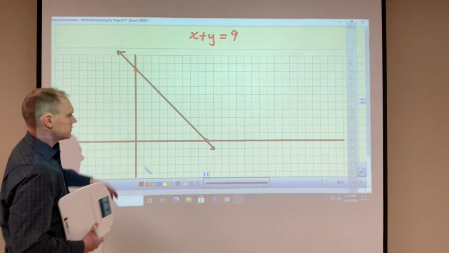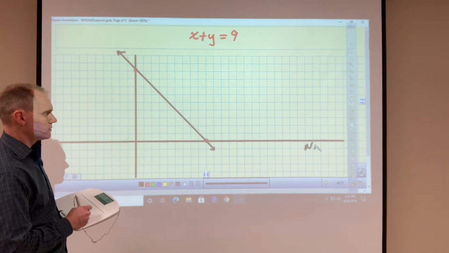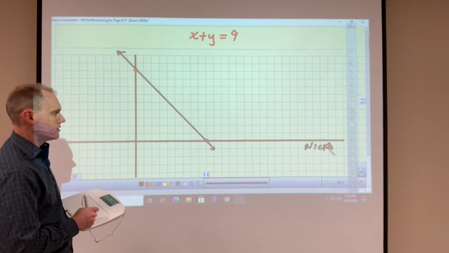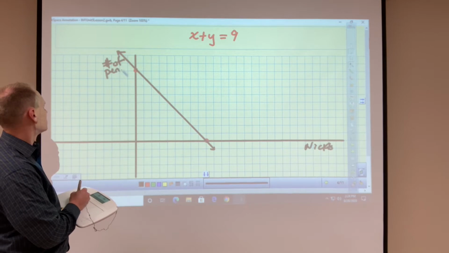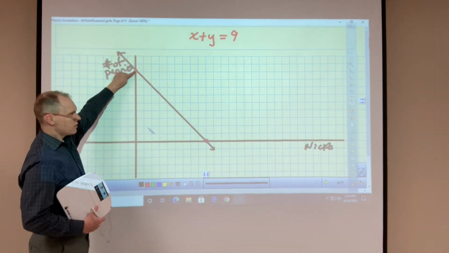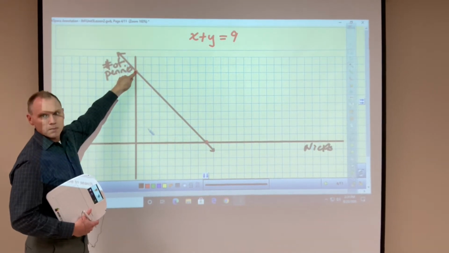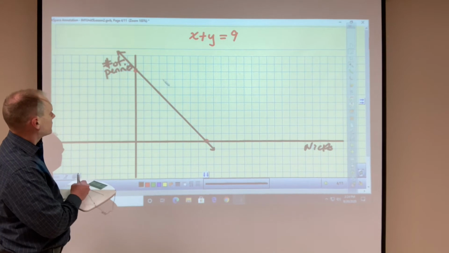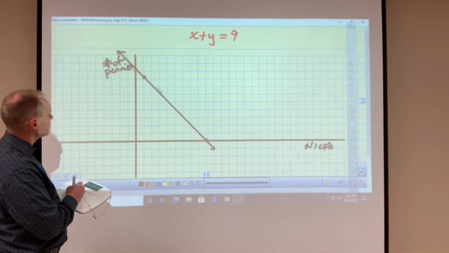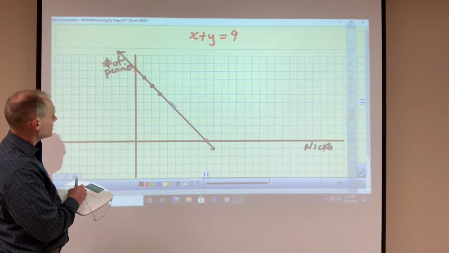So if this is the number of nickels, and this is the number of pennies, we could have 0 nickels and 9 pennies. There are other points here along the way.